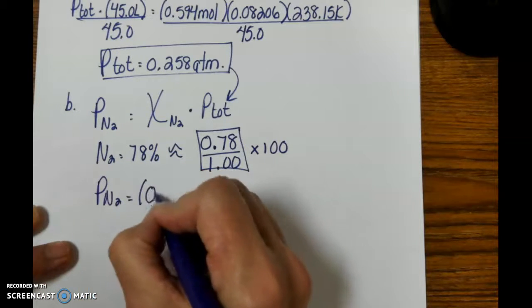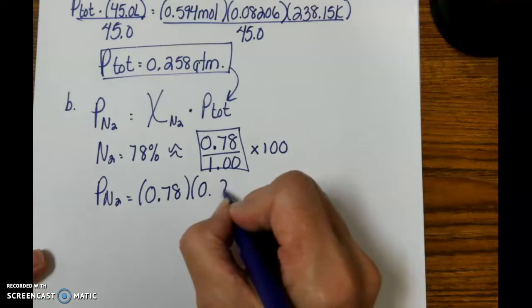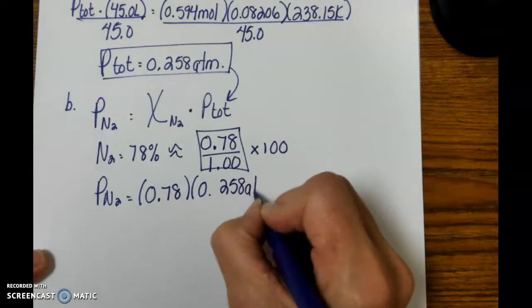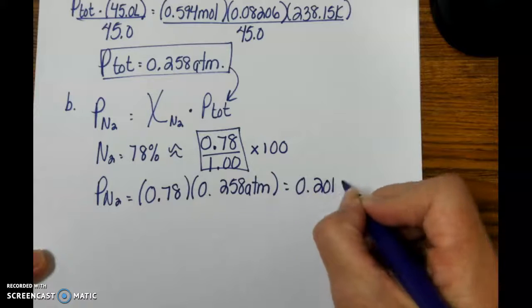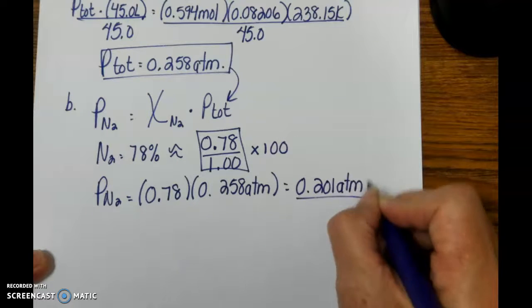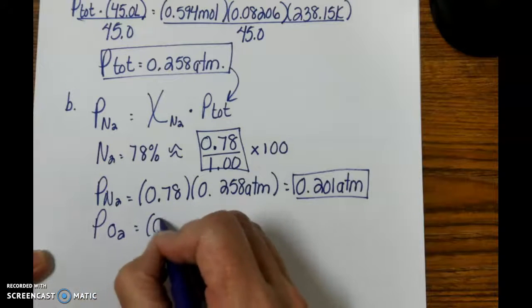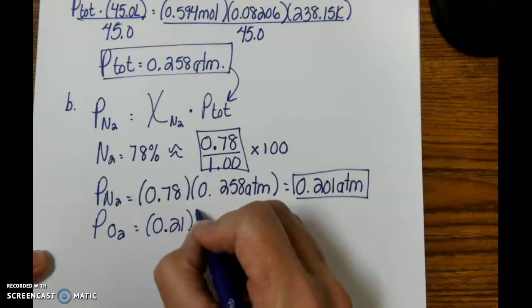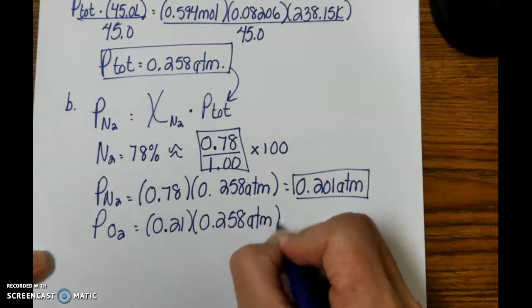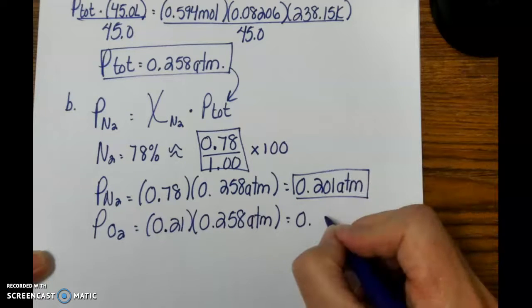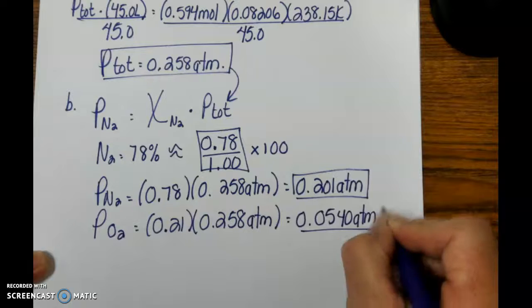So now I've got everything I need to calculate the partial pressure of N2. It's going to be 0.78 times 0.258 atmospheres, and that gives me 0.201 atmospheres. I do the same for oxygen, except this time it's 0.21 times 0.258 atmospheres, and that gives me 0.0540 atmospheres.